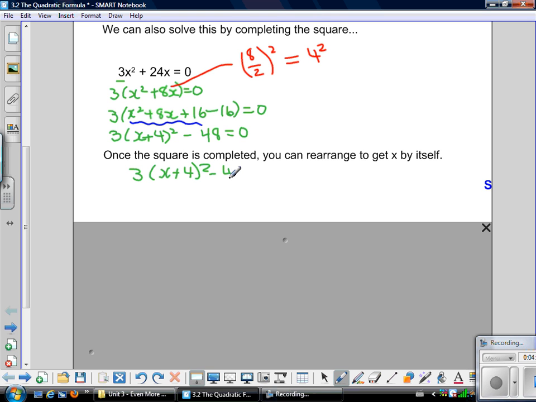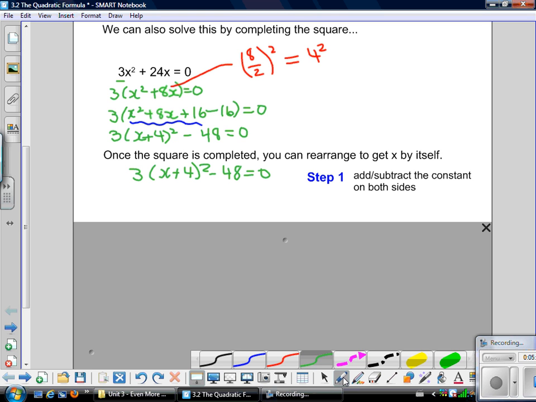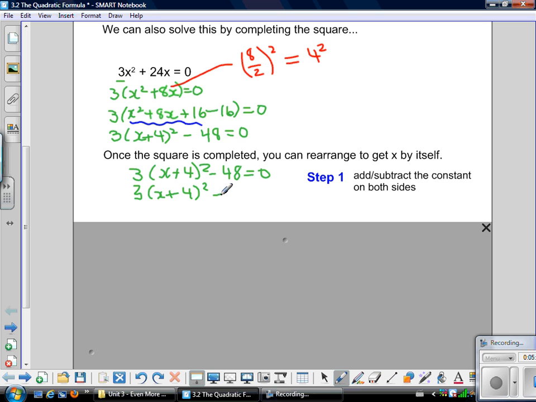The first step with something that has its square completed is to add or subtract the constant on both sides. The constant term here is the negative 48, so we want to add that to both sides. And when we do that, we end up with 3 bracket x plus 4 squared equals 48.